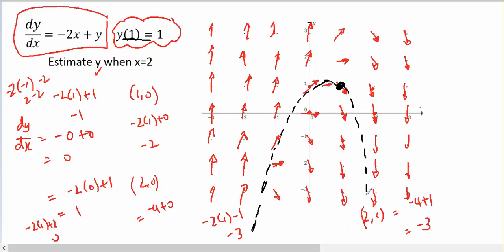And we're going to go down here and be controlled by those gradients. So my prediction for x equals 2 is somewhere around negative 2 to negative 1.5. I'm going to say negative 2.2 is my prediction for y when x equals 2.